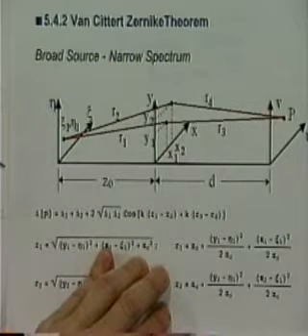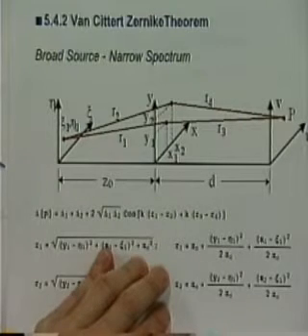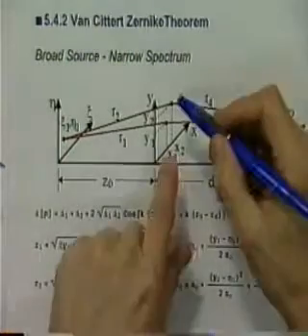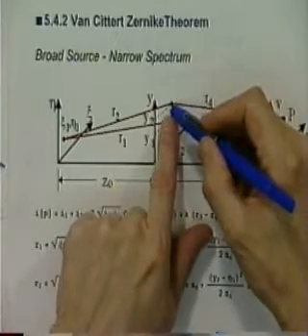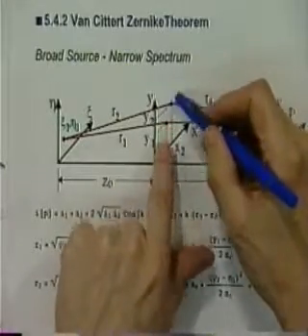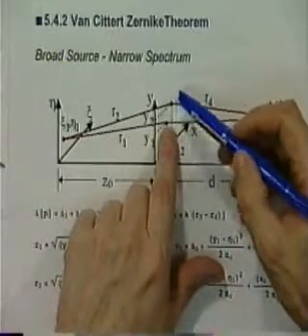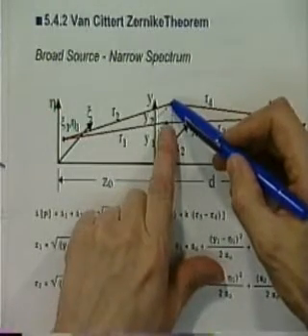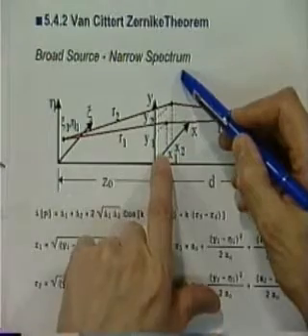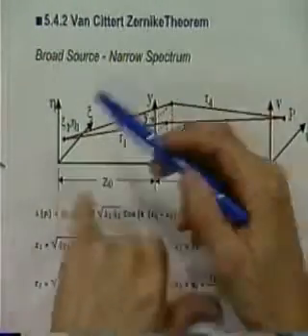What do you expect to get? Cosine, right. You're going to get a cosine. So the coherence function is going to be a cosine function. And so as we change the separation between these 2 point sources, the fringe contrast is going to vary as a cosine function of this separation, and also will depend on this separation here.